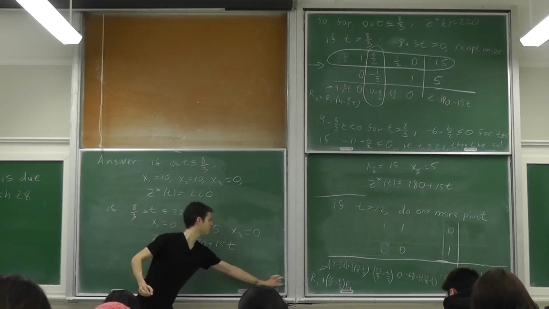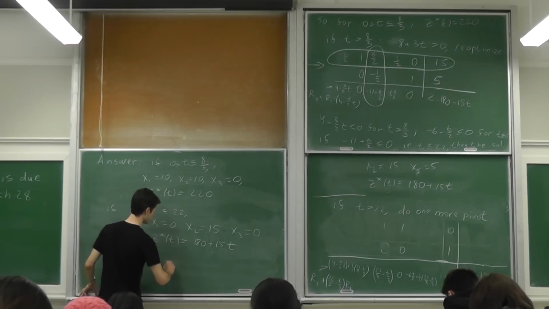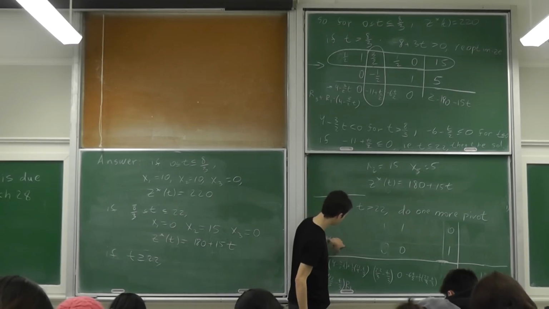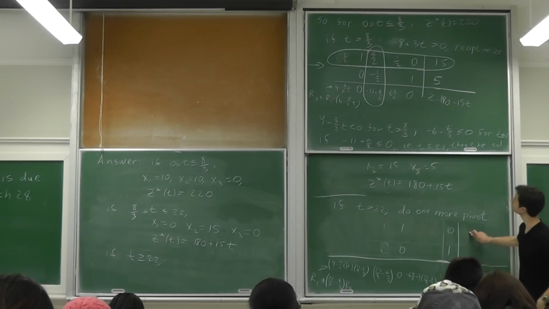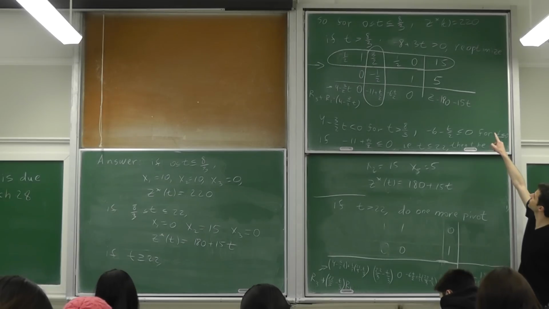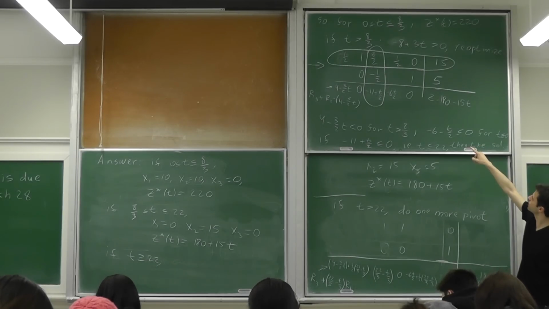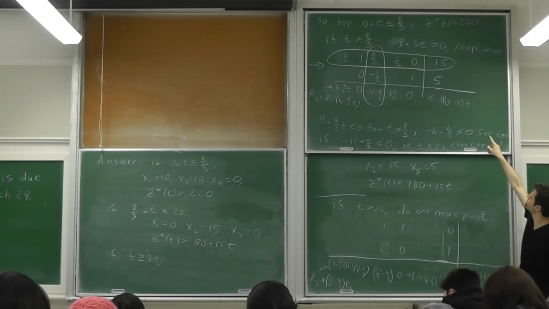And finally, if t is greater than 22, our solution is x1 is 0, x2 is 0, x3 is, okay, we have to find out what this number is. So we take the first row and add 3 times the second one. Oh no, that was the pivot row, so I should just multiply it by 2/3.